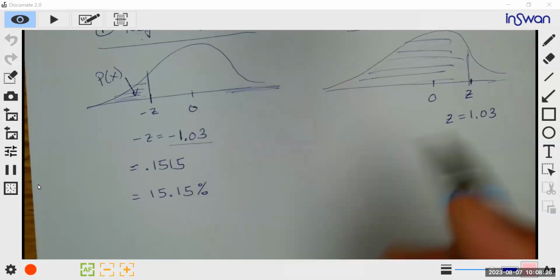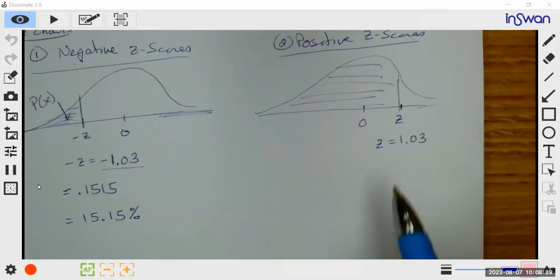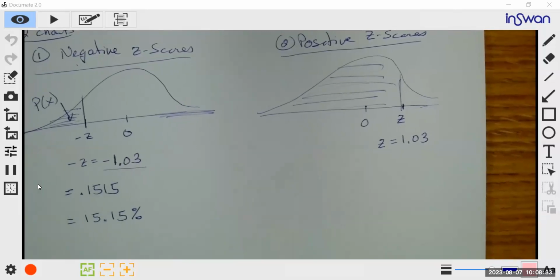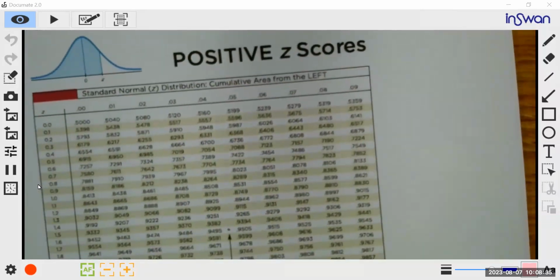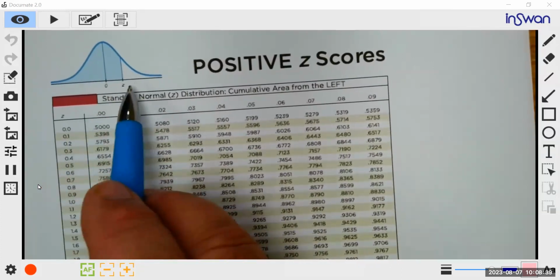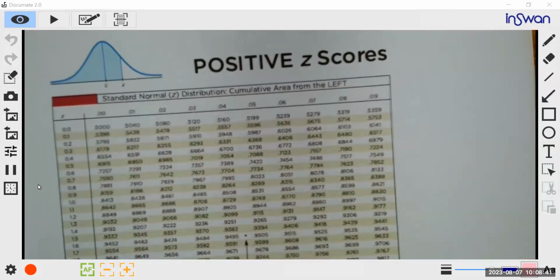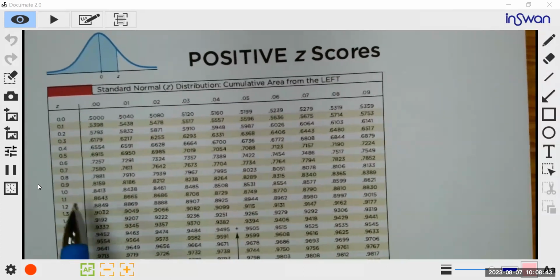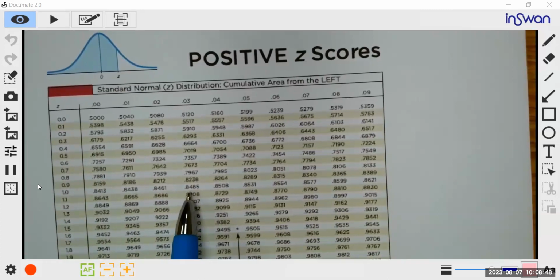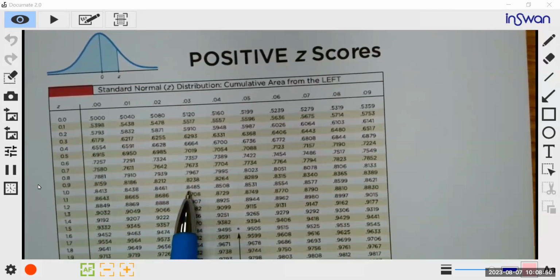So now let's look at this one. This is a positive z-score. So we go to the positive z-score chart. Again, it's showing us that the shaded region starts off to the right of the mean. And we do the same thing there. 1.0, go all the way to 3, and you get 0.8485.